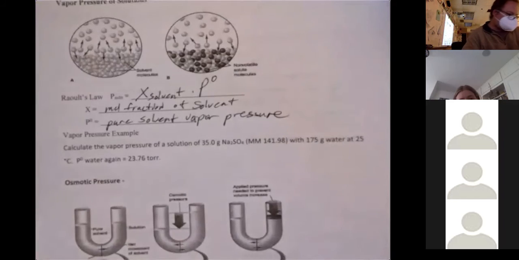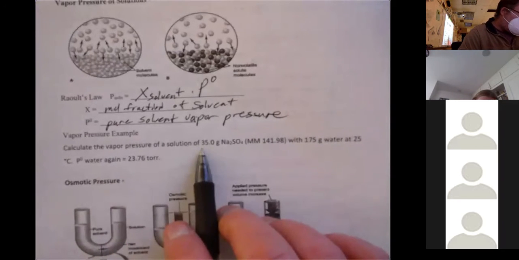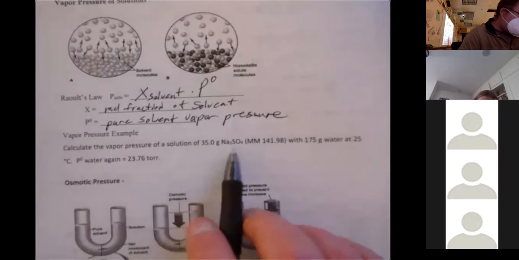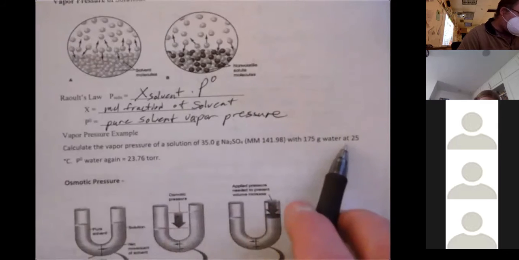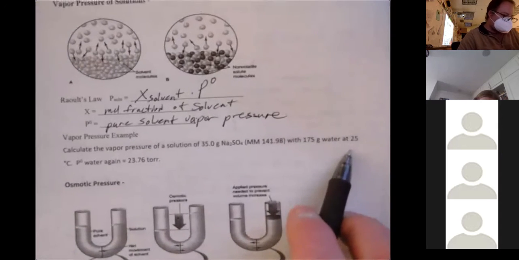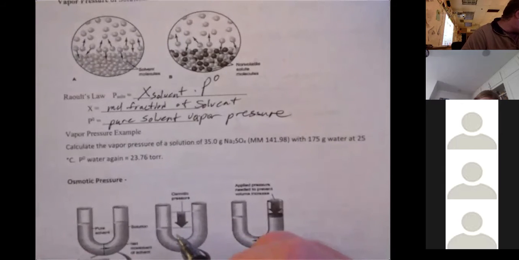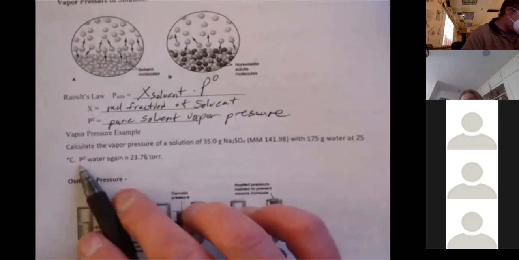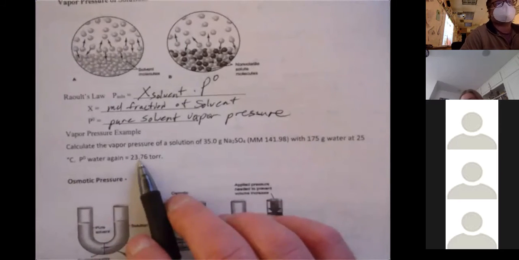So we want to calculate the vapor pressure of a solution of 35.0 grams of sodium sulfate with 175 grams of water at 25 degrees Celsius. So the temperature is not a factor in this because at 25 degrees Celsius, this is the pure solvent vapor pressure.